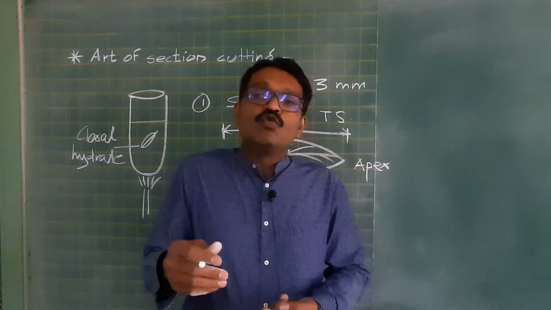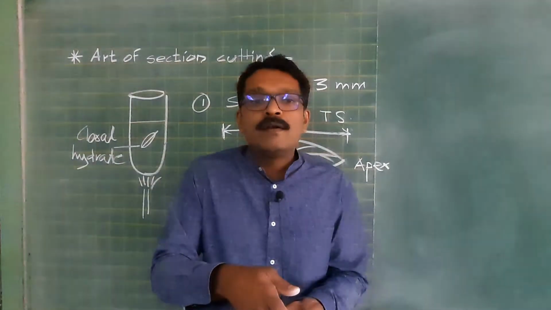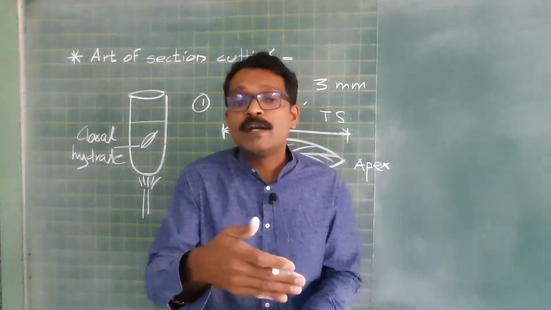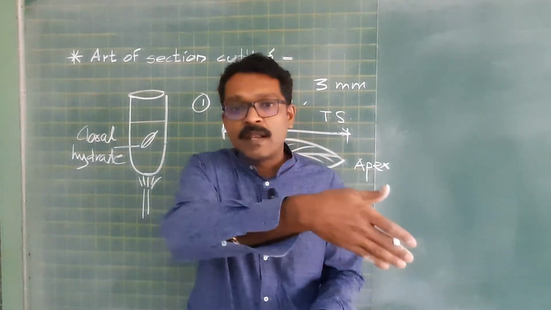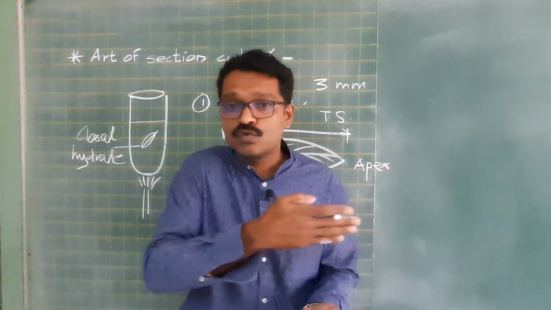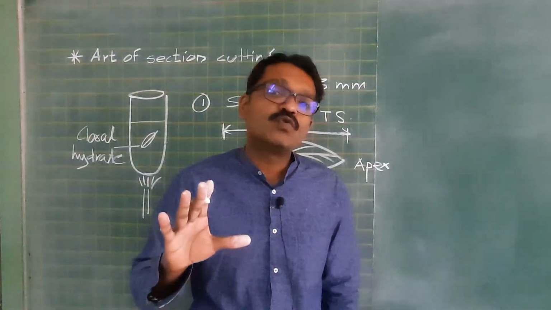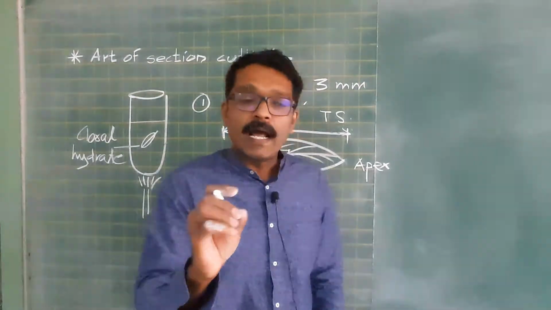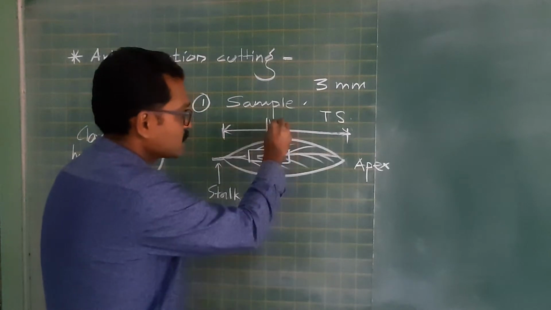Now you can take a slide, put that leaf on the slide and take a brand new blade. A used blade should not be used, and with fine hand, like you are cutting in one stroke. You are not supposed to cut like this, and with fine strokes you are supposed to take minimum 15 to 20 different sections, and see, this is the leaf and you are going to cut like this.